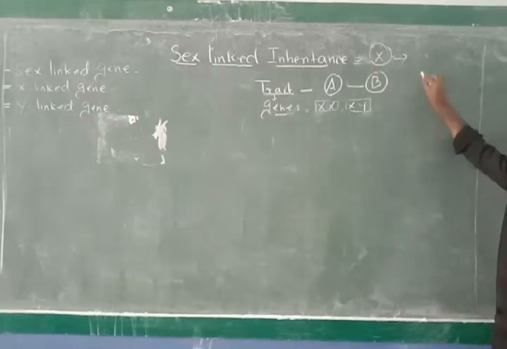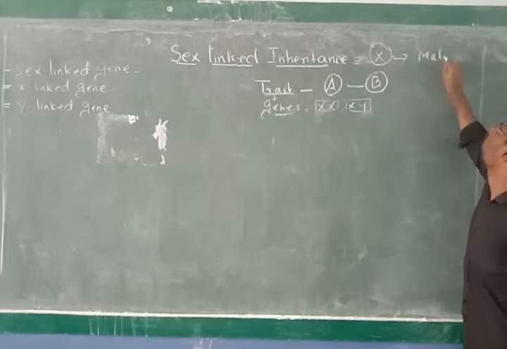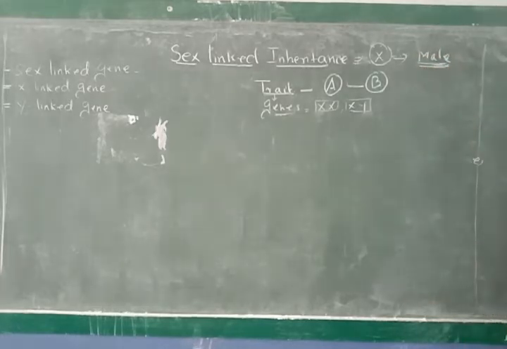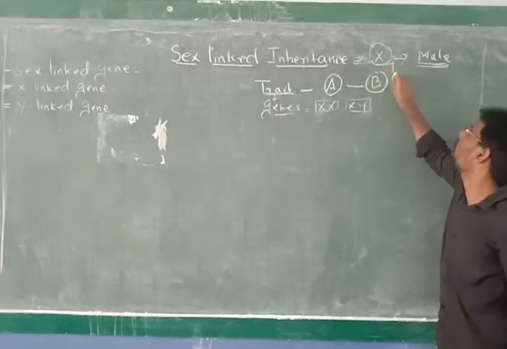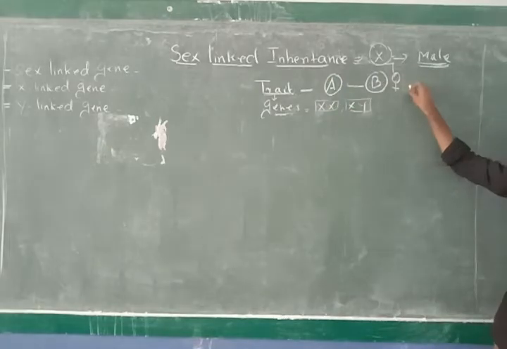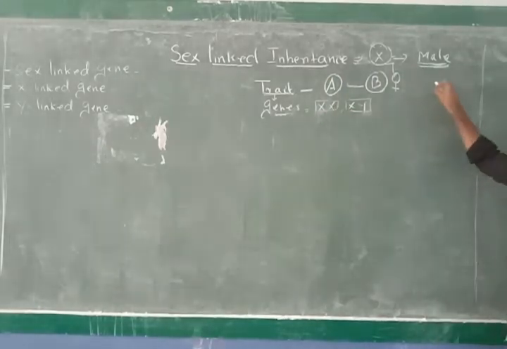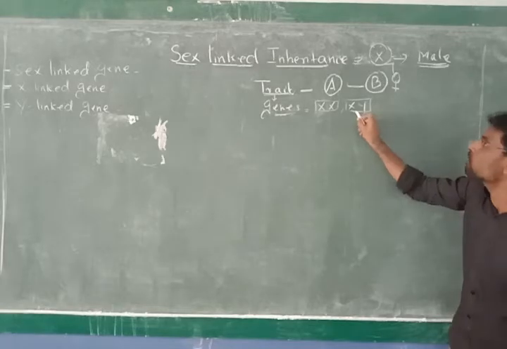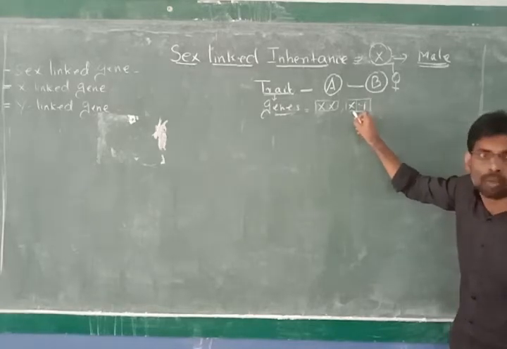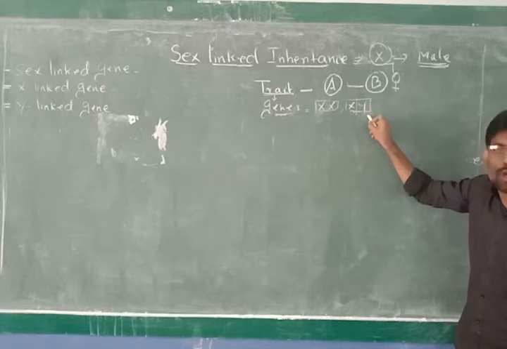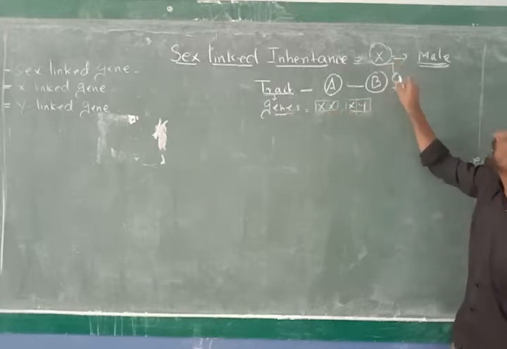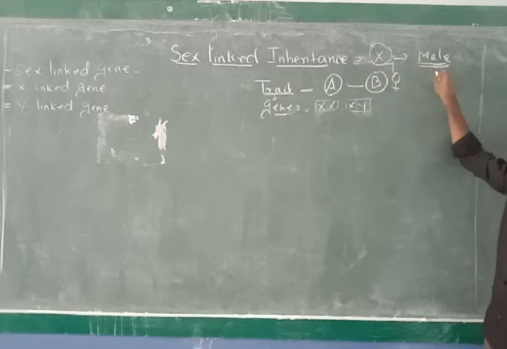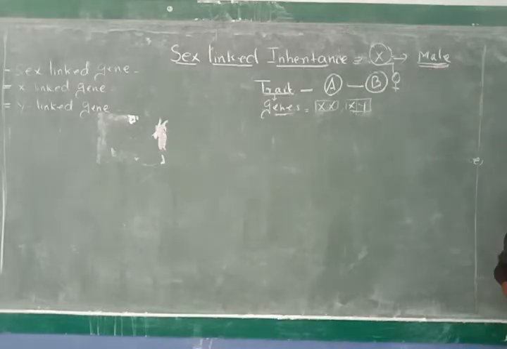Most commonly the male receives the traits, but who is passing them? The female passes this inheritance through her X chromosome to the male. How does the male receive it? Because the male receives one X chromosome from the mother and a Y chromosome from the father. So this X chromosome comes from the mother, and the mother is responsible for transmitting any traits to the male through her X chromosome.